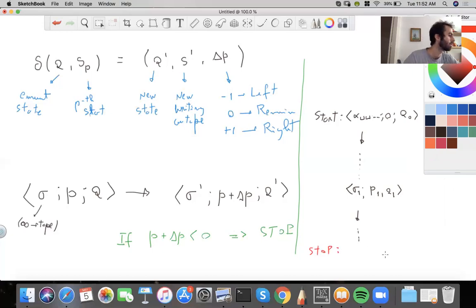If delta reads an undefined value, or if delta P plus P smaller than 1. Okay?